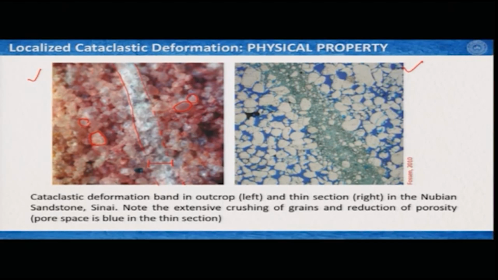Here we can see the individual grains separately. The blue areas are the porosities, the open spaces, but along this zone you can clearly see that within these zones the grains are crushed, highly pulverized, grain size got reduced, and porosity also is extremely less.